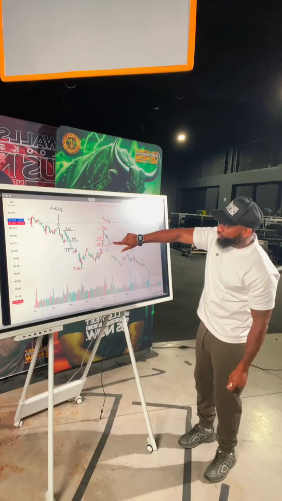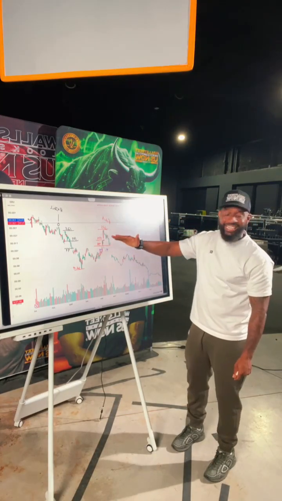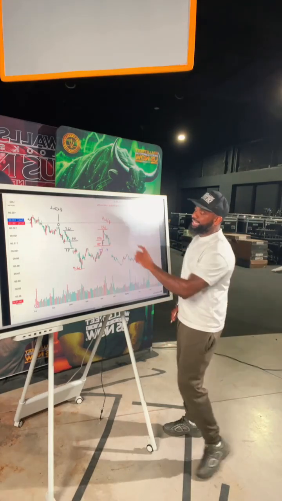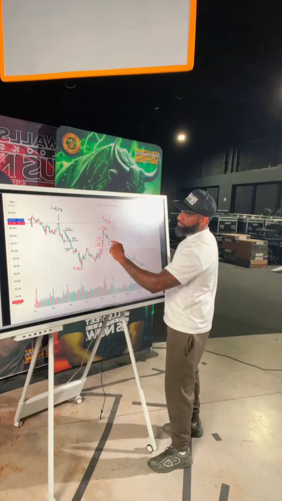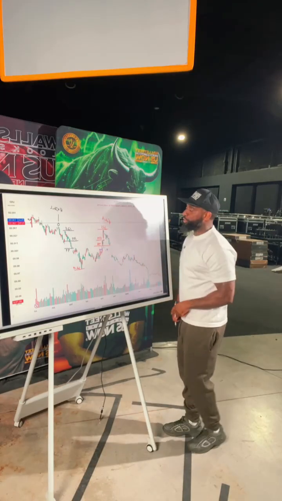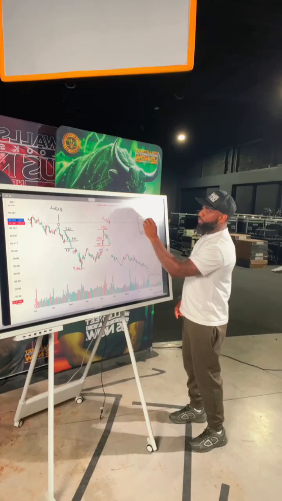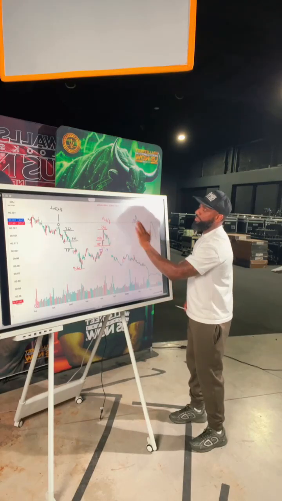It has to break this green candle to create a downward trend. If not, this really can be consolidation, because it can be a Y. Remember I told you consolidation can be wide and it can be tight.